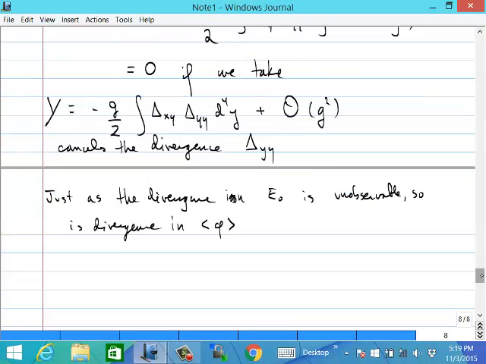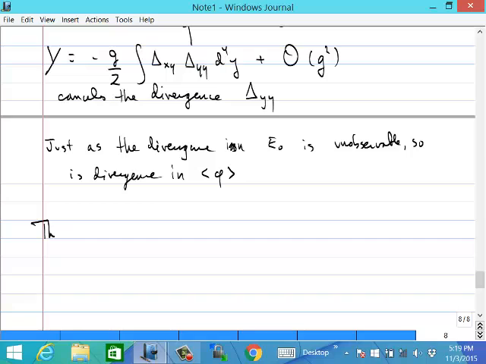But just to summarize, the value of y is chosen precisely such that the 1-point function of phi is equal to 0.